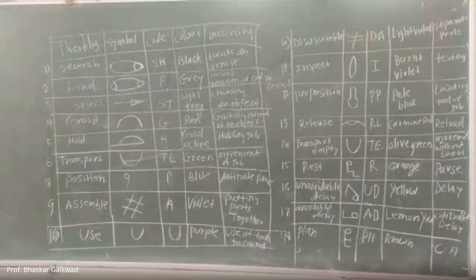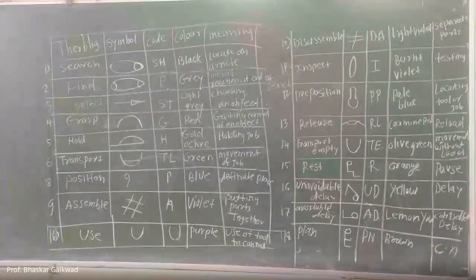With the help of these two therblings, we are doing that assembly. So how much motion is there for both hands, and how much time? This we have to represent on a chart. That chart is called the SIMO chart, the simultaneous motion chart. After this we will see the therblings.